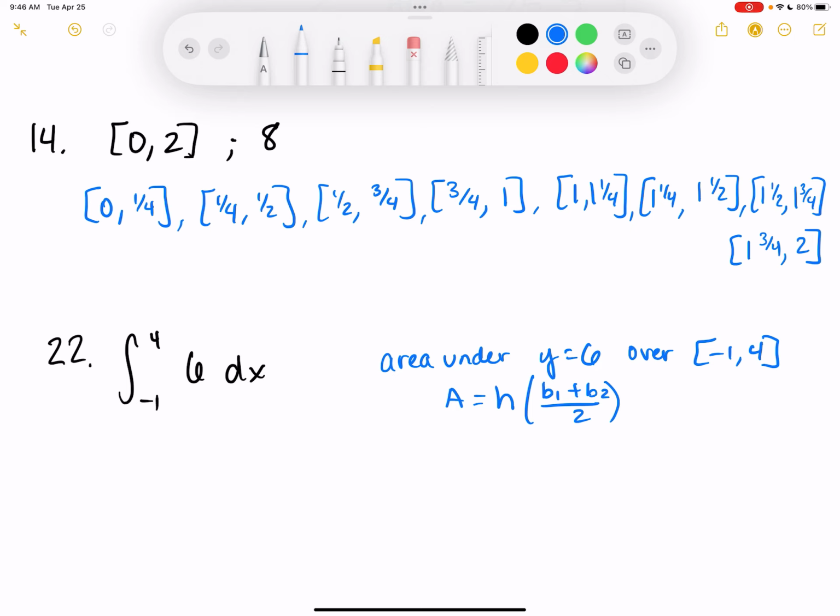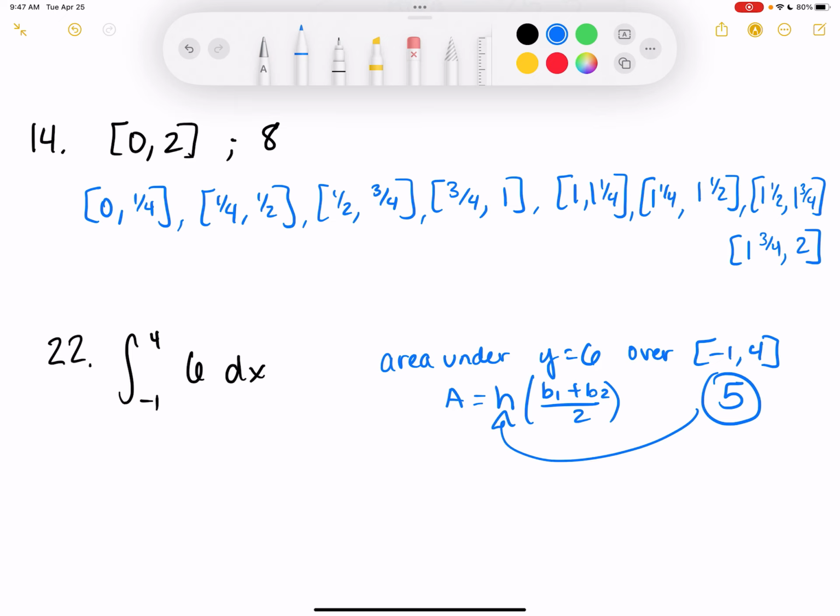Okay. Are we just putting it into the area formula? Yeah. So what's the difference between -1 and 4? 4 minus -1 is 5. So that's our height.